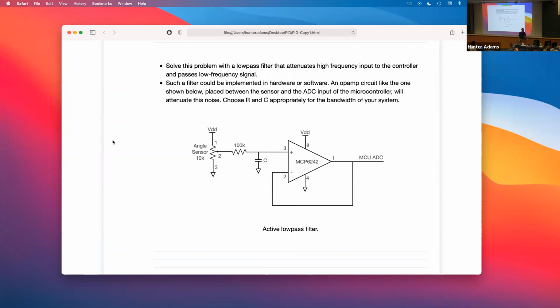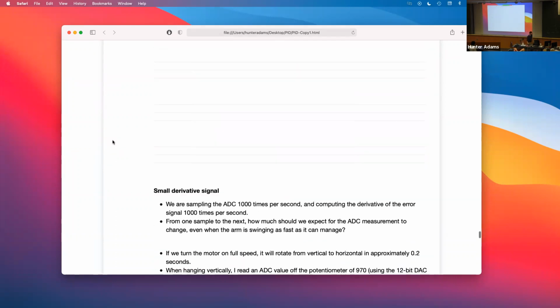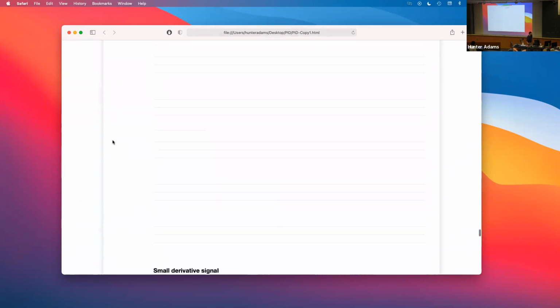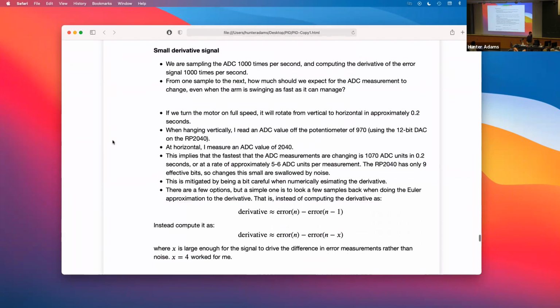The other thing that we do is we notice that suppose that the arm were turning as fast as it's ever going to turn. You had the motor on full blast and it was just ripping as fast as it could go. How much would you expect for the ADC units to change from one measurement to the next measurement at 1 kilohertz? So in order to solve this, you would ask, okay, what's the ADC measurement here?